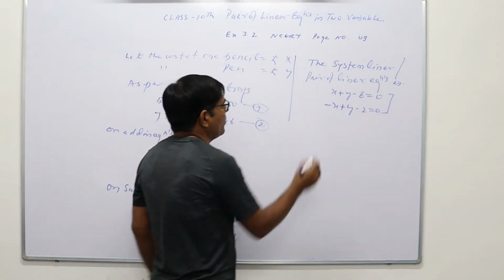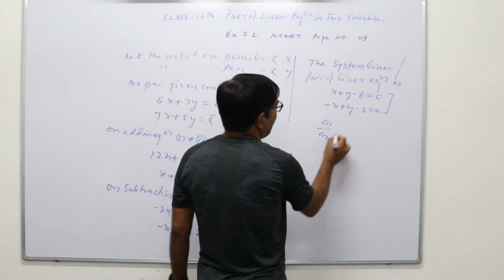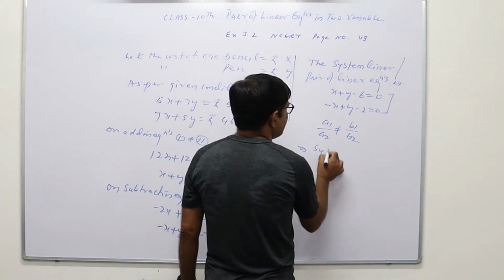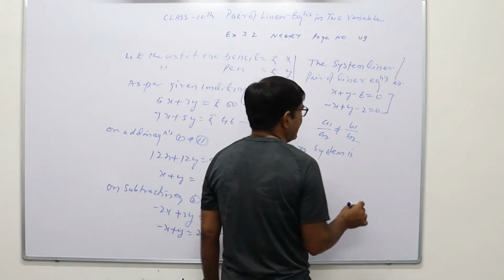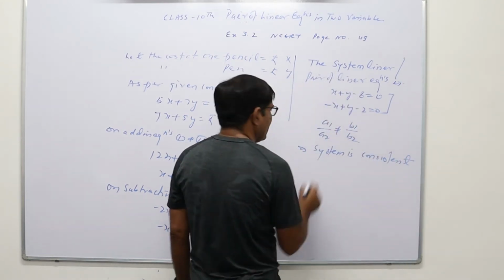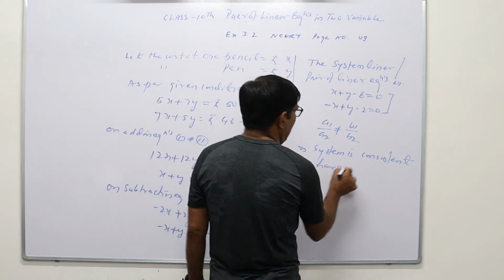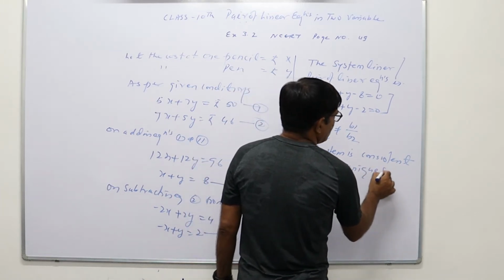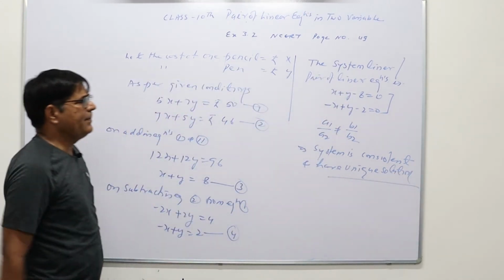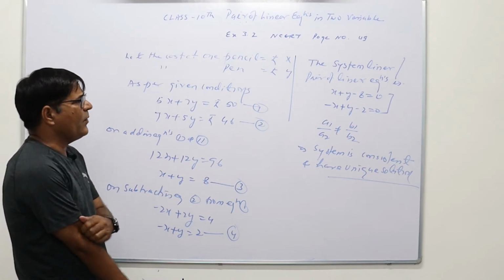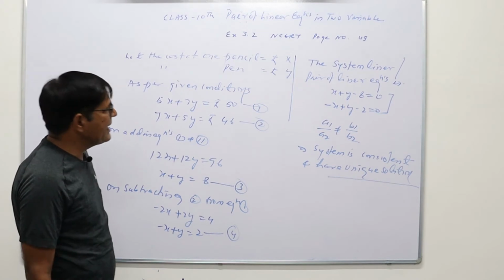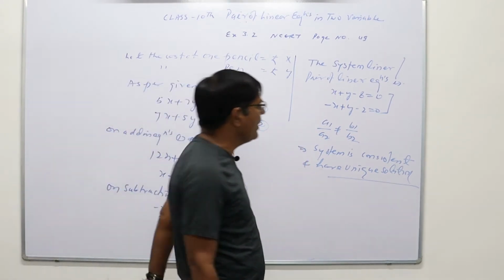So by simple observation here, a1 upon a2 not equal to b1 upon b2 implies that the system is consistent and has a unique solution. So in this way, if a1 upon a2 is not equal to b1 upon b2, this algebraic condition is holding, then the system will be consistent and have a unique solution.